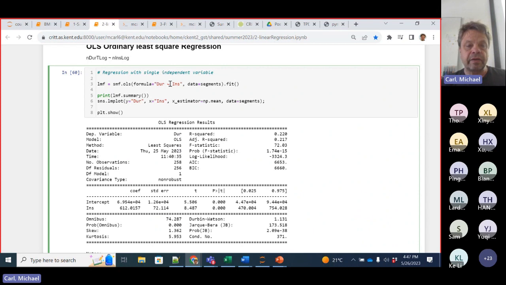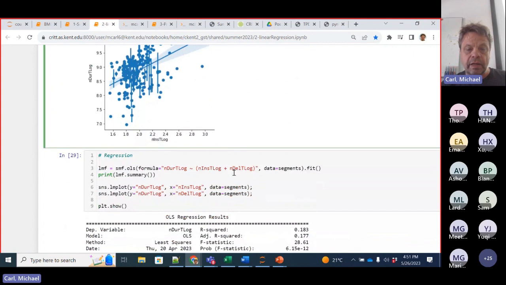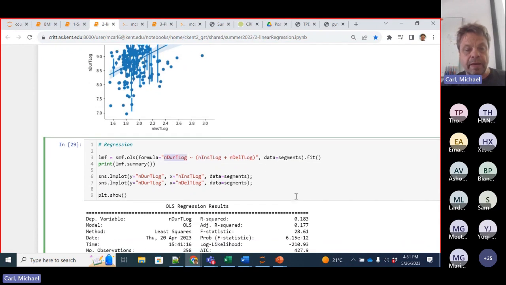Right from this tilde symbol, we have the independent variable, and we want to predict the variable on the left side. Now we can take, in addition, the insertions and the deletions. So we have two independent variables here, and we try to predict this dependent variable.